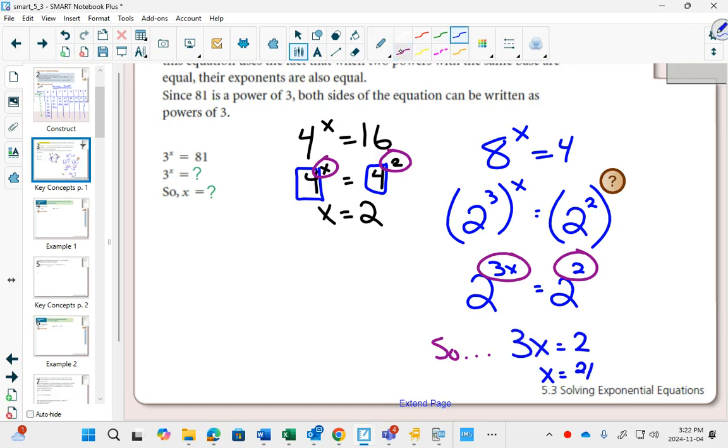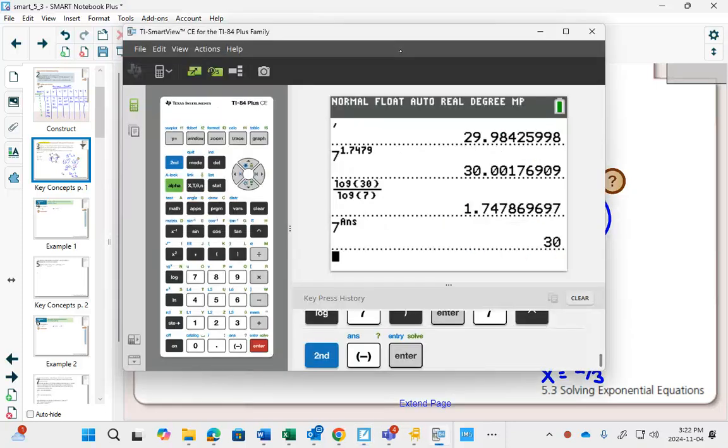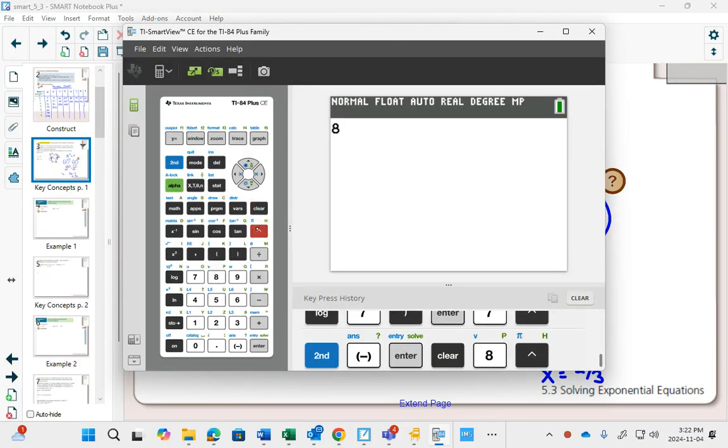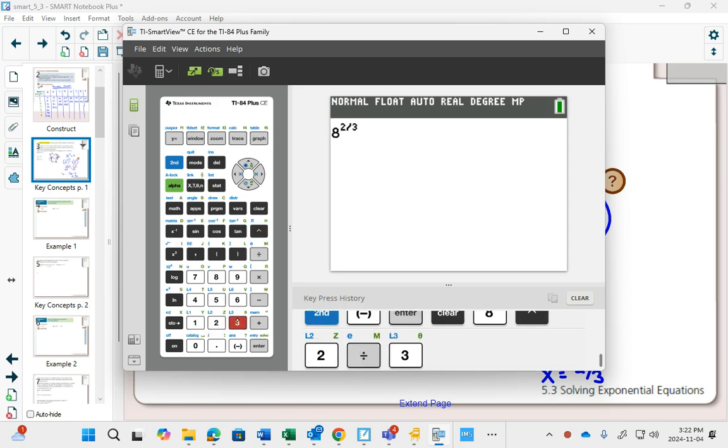And solving for x would have to equal 2/3. And you can try it on your calculator, just to double check it. 8 to the 2/3, it's 4. Perfect.